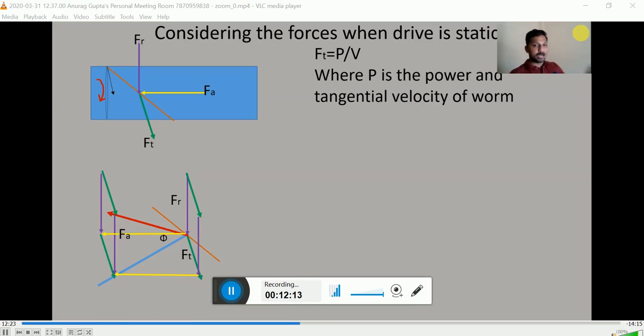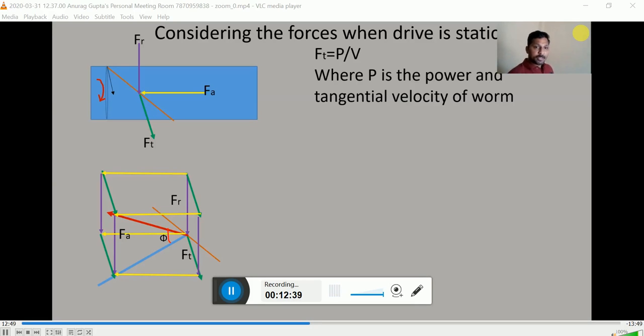We will draw the parallel lines to the tangential force. We will draw the parallel line to the radial force. We will draw the parallel lines to the axial force. Now we are having this parallelepiped, which is the force diagram of all the forces exerting on the worm. Okay. Then now we will consider the geometry.